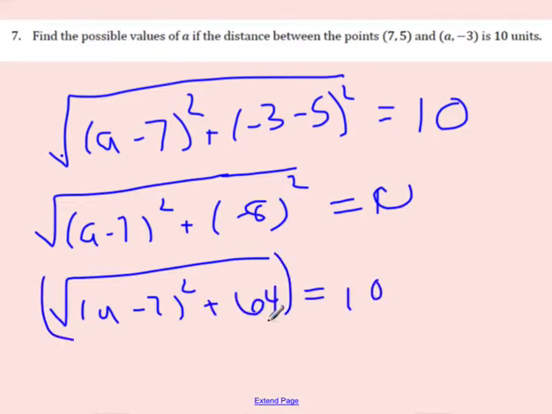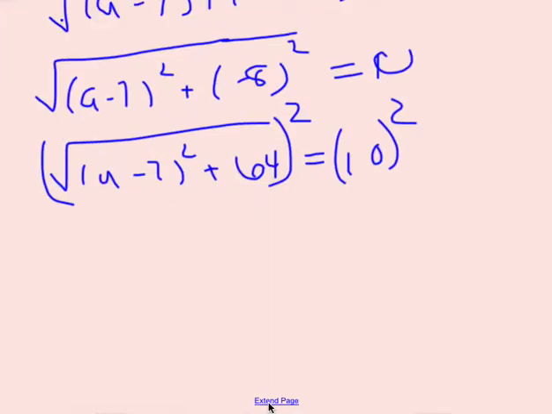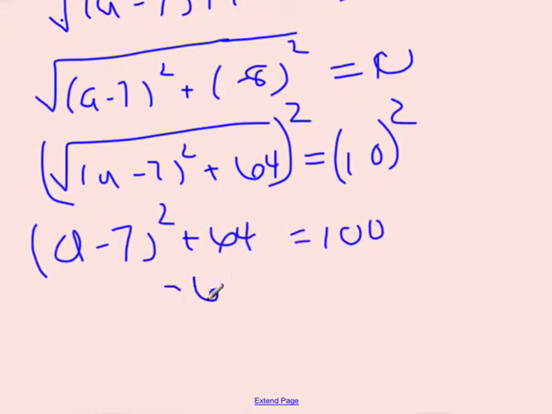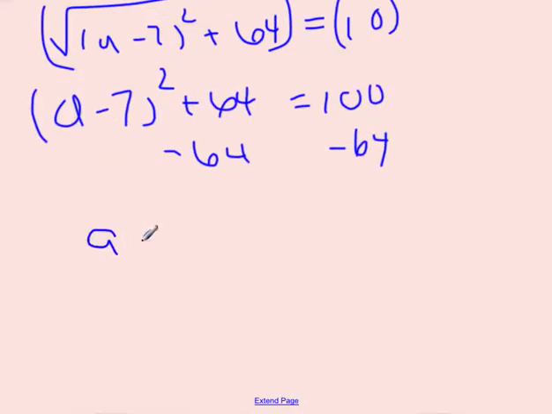So what I'm going to do is I want to get rid of that square root because the square root's isolated, right? That's what we talked about when we talked about solving radical expressions. So I have a minus 7 quantity squared plus 64 is equal to 100. So now I'm going to subtract that 64 over to the other side. So I get a minus 7 quantity squared is equal to 36. So now I want to get rid of that squared that's there.